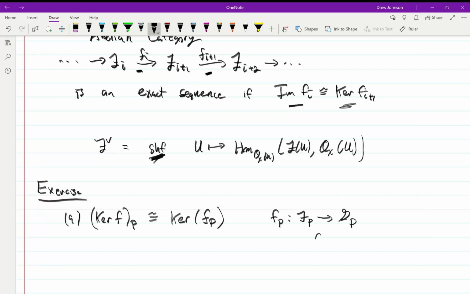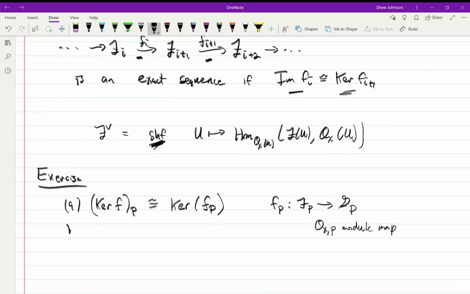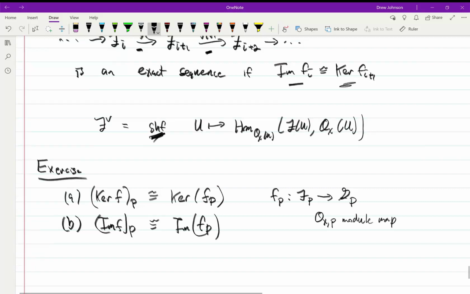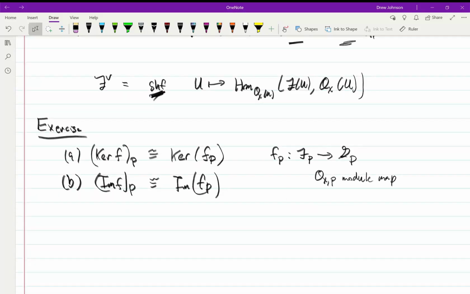This is a map of O_{X,P} modules. You can take the kernel of that map, or you could take the kernel sheaf of F first, and then take the stalk of that. This exercise says that you get the same thing. And the same thing works for the images. The stalk of the image sheaf is the same as the image of the stalk.